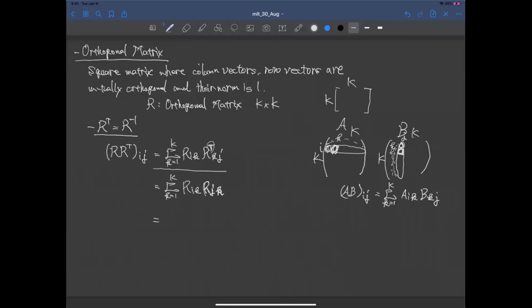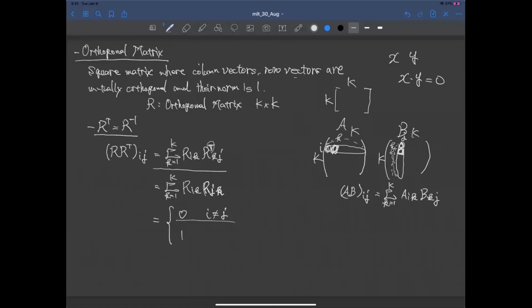Then as I have said, each row vector is mutually orthogonal. Mutually orthogonal means if there are vectors x and y, then the inner product will be 0. So that's why this is 0 if i is not j, it's orthogonal.